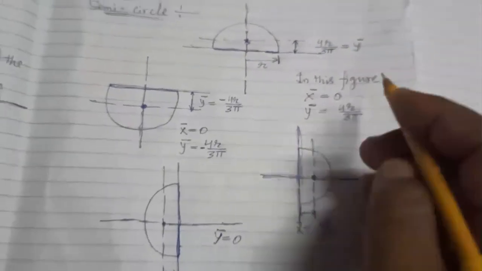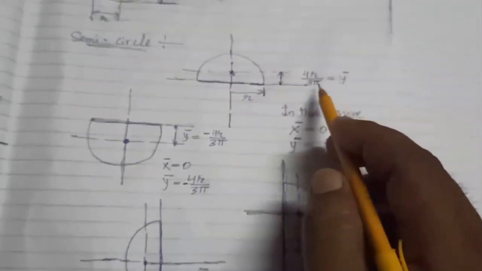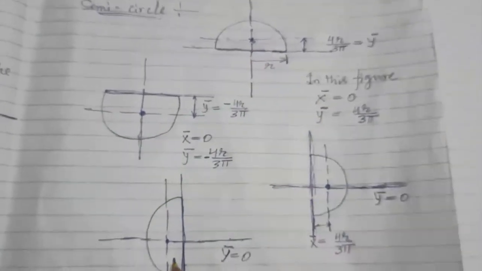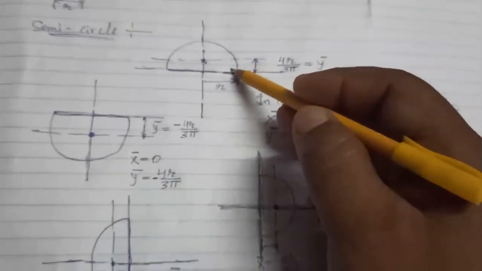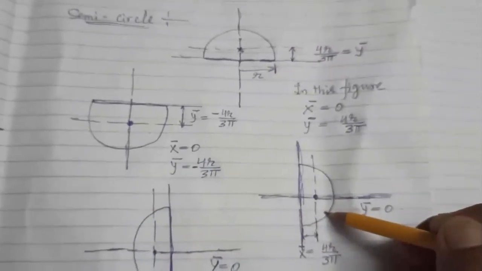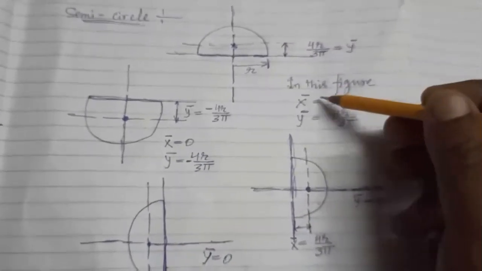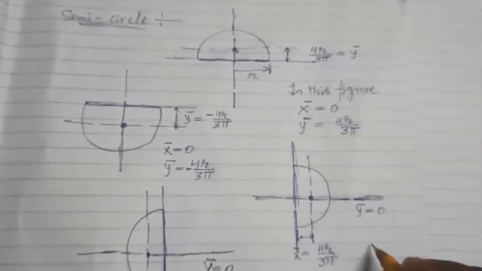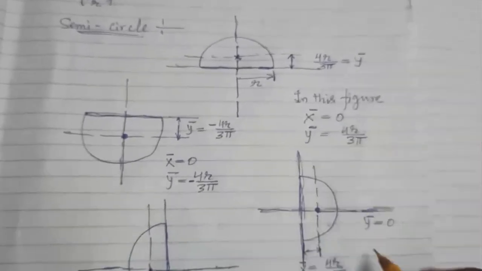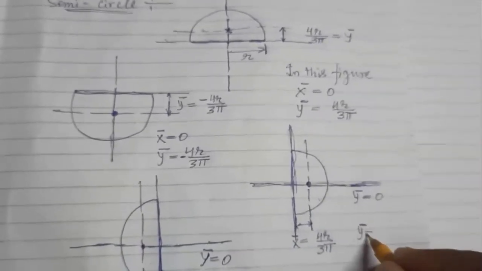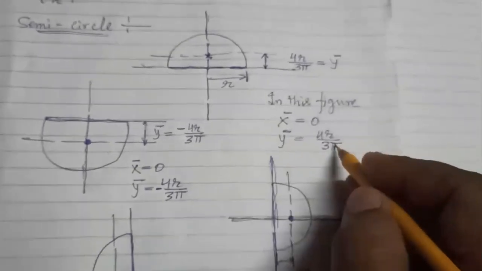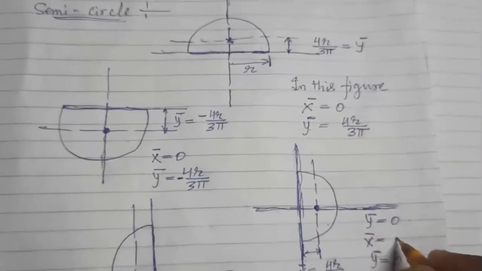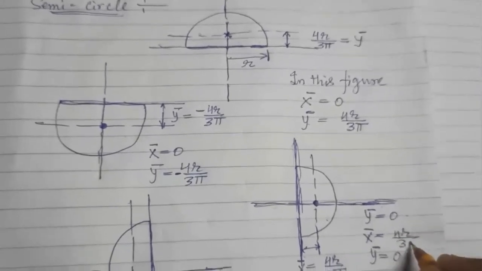But in case of the semicircle, when the orientation of the figure is changed, x bar and y bar are interchanged. Here x bar is equal to 0, here y bar is equal to 0, here y bar is equal to 4r by 3 pi, here x bar is equal to 4r by 3 pi.